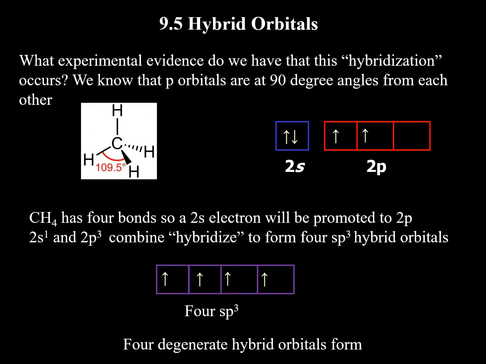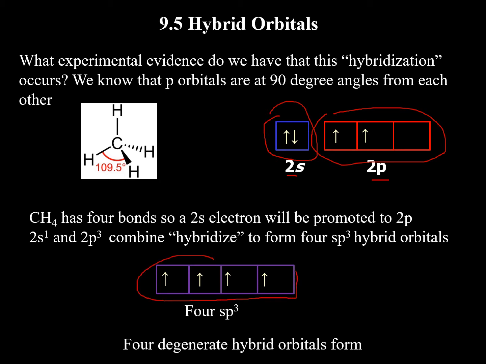In a more detailed diagram with the colors, we have the blue combining with the red. This is an sp3, so an s orbital combines with 3 p orbitals to give us 4 purple sp3 hybrid orbitals.